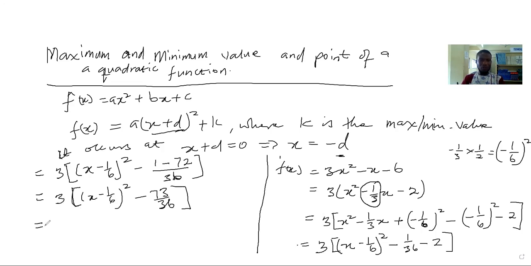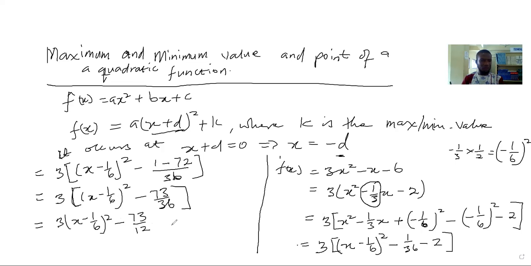So using the 3 to open the bracket, not the parentheses, we are going to have 3 parentheses x minus 1 over 6 squared. Then this one multiplying this fraction, it will divide the 3 here. So it will divide the 36. So 3 will go into 36 12 times. So minus 73 over 12.